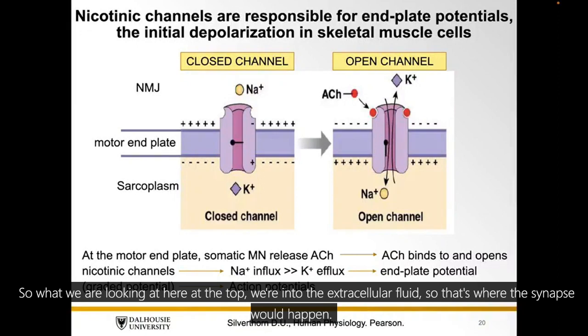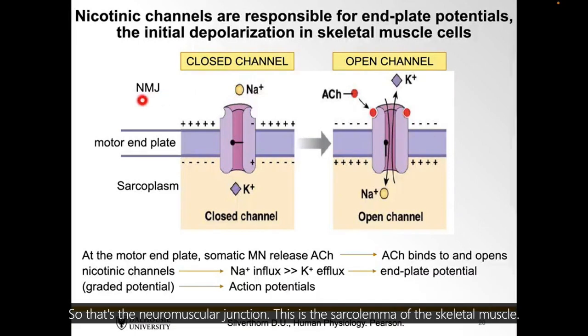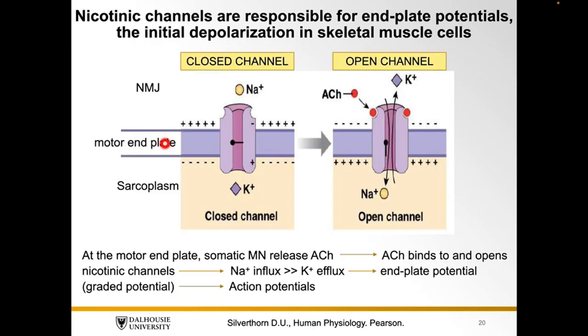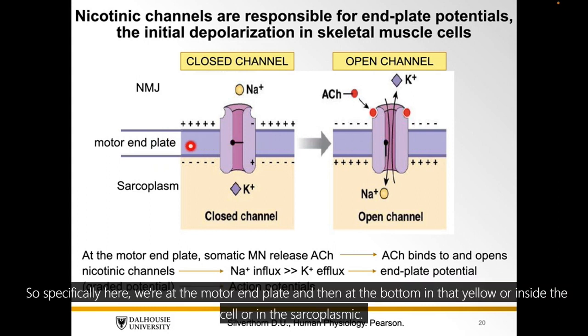So what we are looking at here, at the top, we're in the extracellular fluid. So that's where the synapse would happen. So that's the neuromuscular junction. This is the sarcolemma of the skeletal muscle. So specifically here, we're at the motor end plate. And then at the bottom in that yellow, we're inside the cell or in the sarcoplasm.